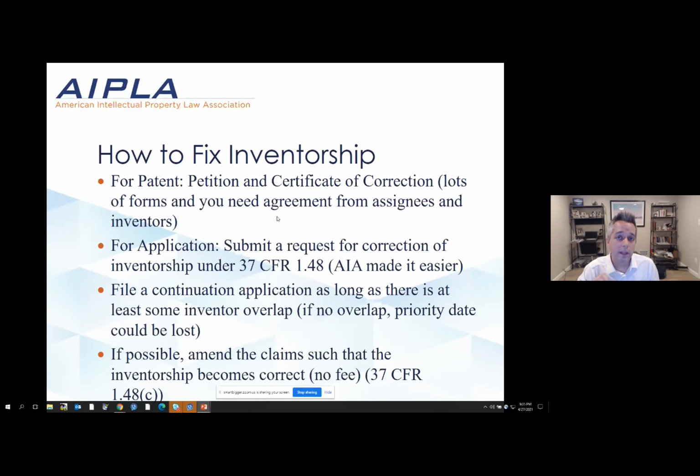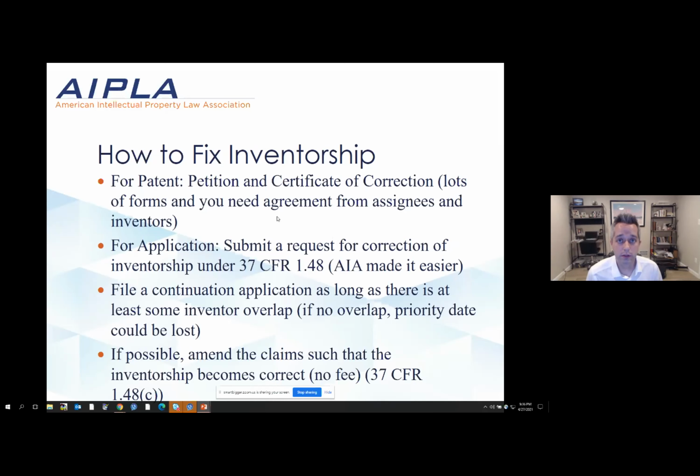The one thing that you have to watch out for in this scenario, though, is that the inventorship between the parent application and the child application have to overlap with at least one inventor. If there's no overlap, so you file a continuation with a completely new set of inventors, you could lose your priority date. So that's something to watch out for. At least one of those inventors needs to be common between the parent and the child.